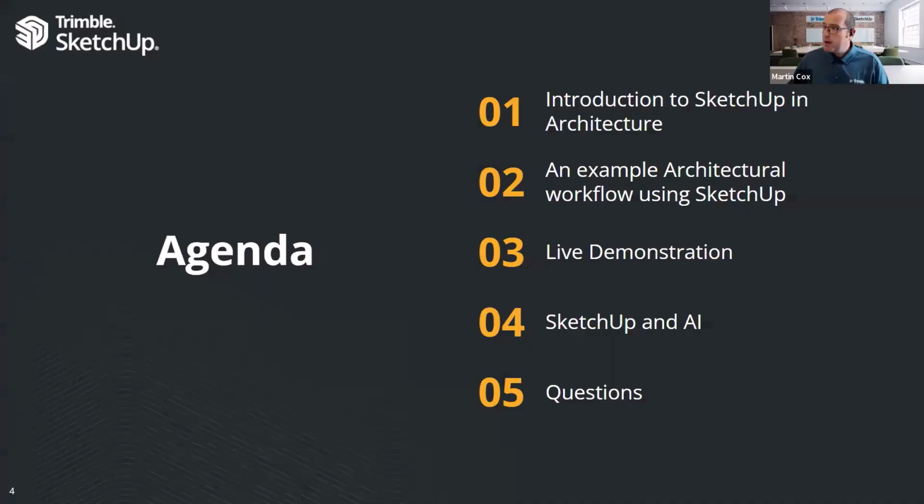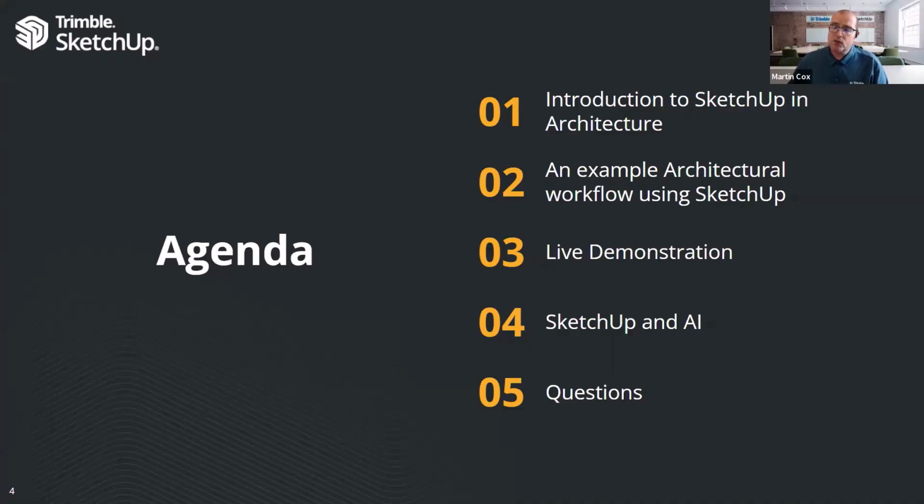So in this webinar, a quick introduction about SketchUp and architecture, as I mentioned. I'm going to talk about example architectural workflows using SketchUp. Also, right from the beginning, the setting up, just some of those things that some people overlook when they're working with SketchUp. Then we have a live demonstration. I want to show some of those things in action around a model and see how that works.